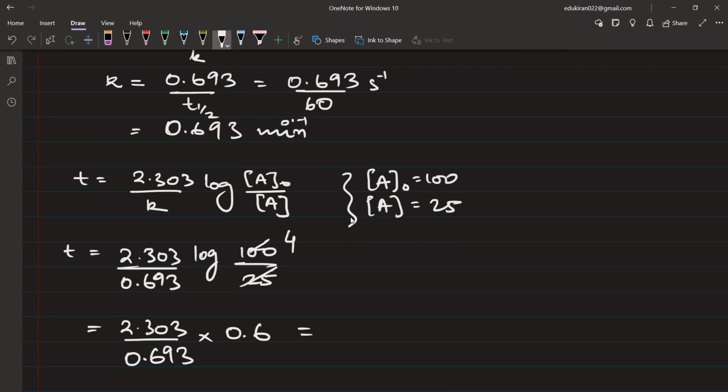Calculate this and tell me what answer you are getting, this will be in minutes. It should be somewhere around 2 minutes, okay.